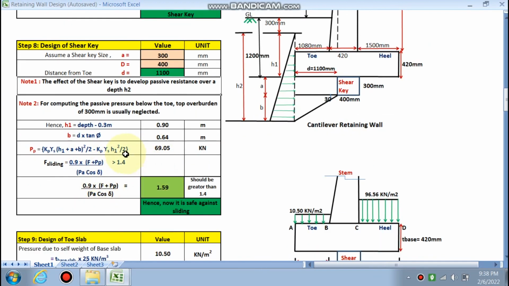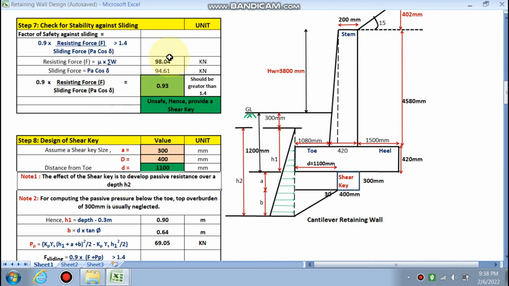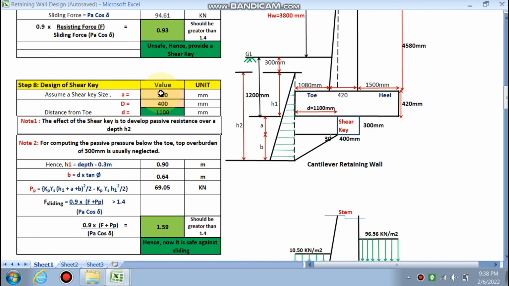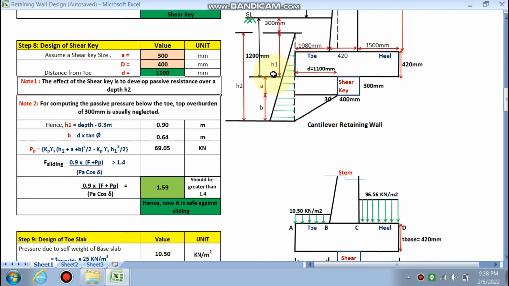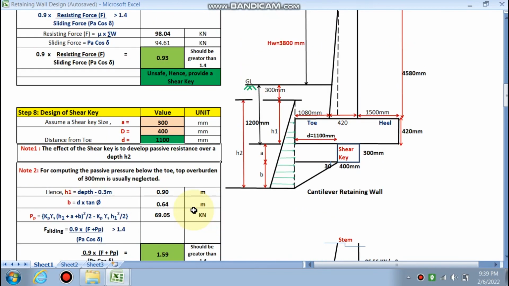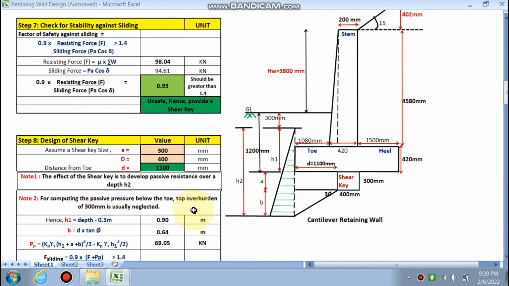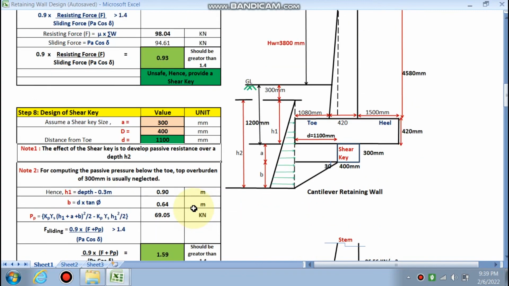Now we put the force already calculated, the resisting force plus the passive earth pressure given by this shear key. If we put these in this formula, this comes to 1.59, which is greater than 1.4, hence now it is safe against sliding. So we have designed the shear key by which it is safe against sliding, right?